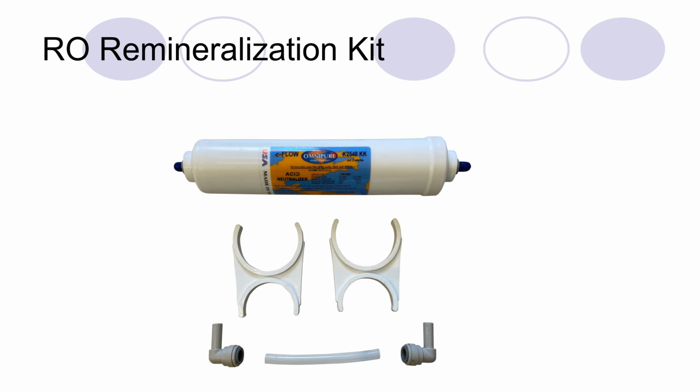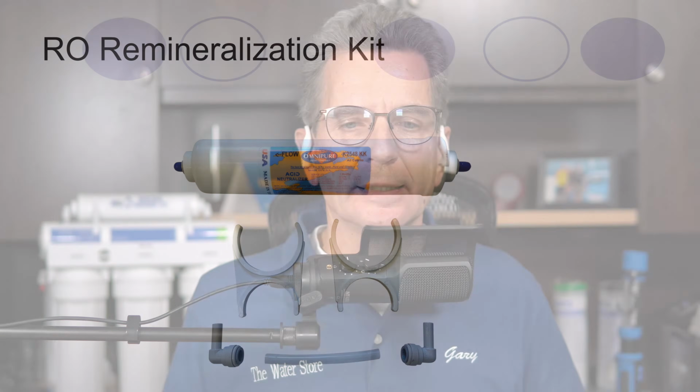We offer that obviously through our e-commerce store. Basically, it's just another filter. And that filter has calcium in it, or calcite. So as the water goes through the whole reverse osmosis process, it adds a small amount of calcium back into the water to increase the pH a little bit, and also to neutralize the pH, I should say, and also to add some calcium back into the water.